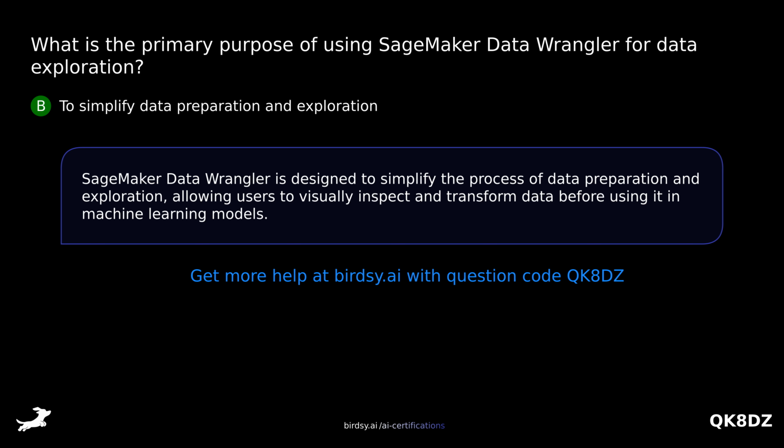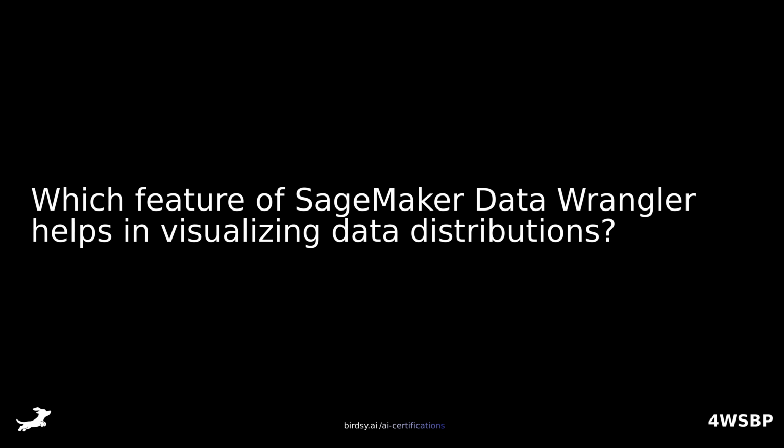SageMaker Data Wrangler is designed to simplify the process of data preparation and exploration, allowing users to visually inspect and transform data before using it in machine learning models. Which feature of SageMaker Data Wrangler helps in visualizing data distributions?